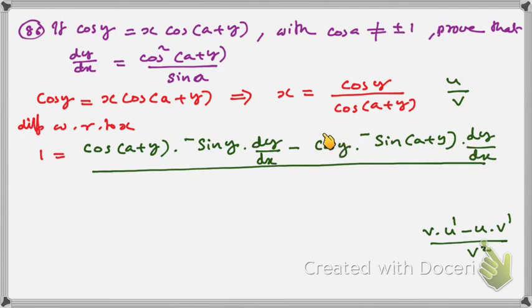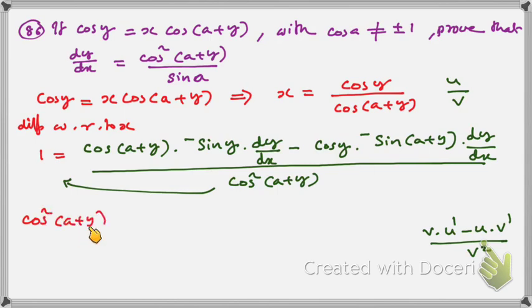So that is numerator u into v dash. The derivative of cos of a plus y is minus sin of a plus y into dy by dx. Whole divided by the square of the denominator, which is cos square of a plus y. Now we cross multiply cos square of a plus y to the other side.